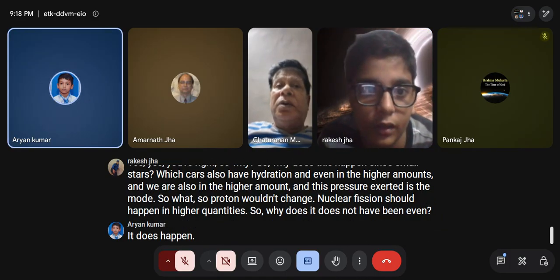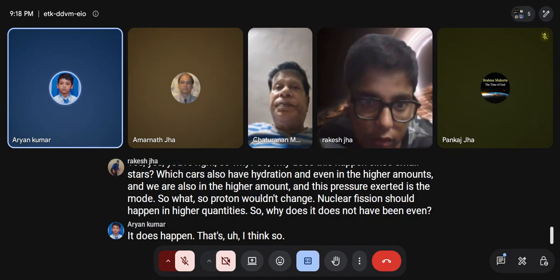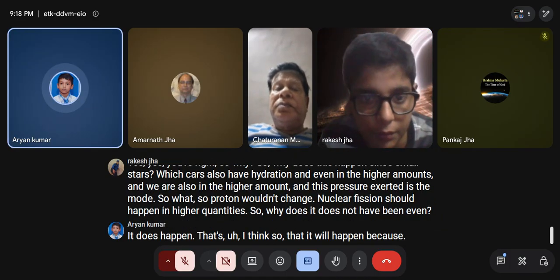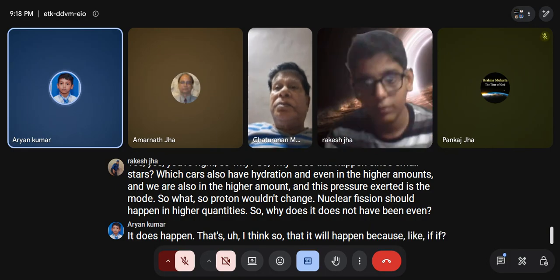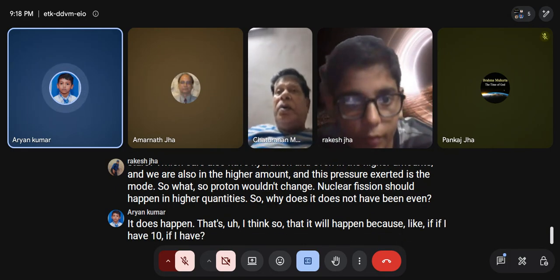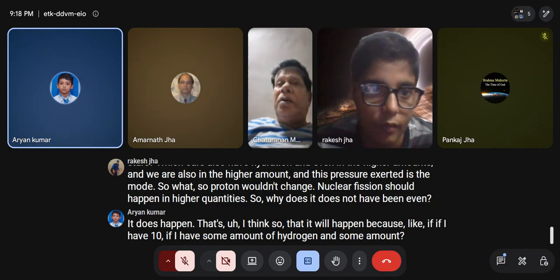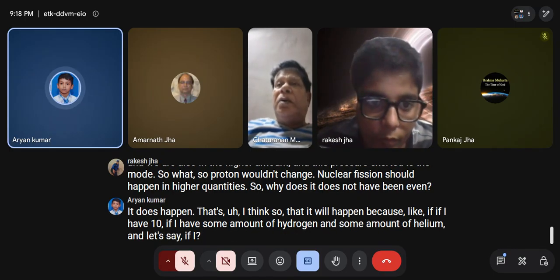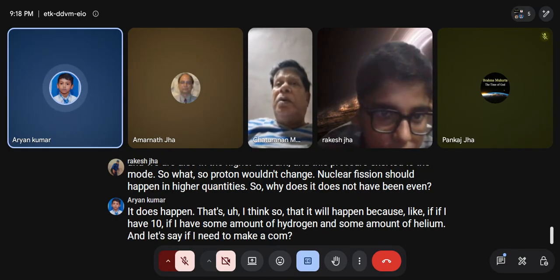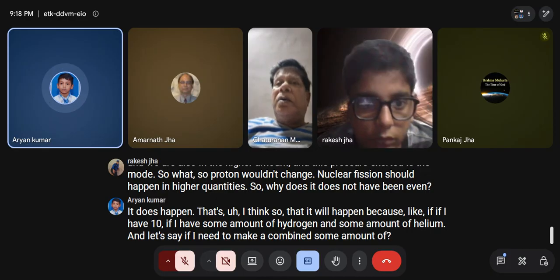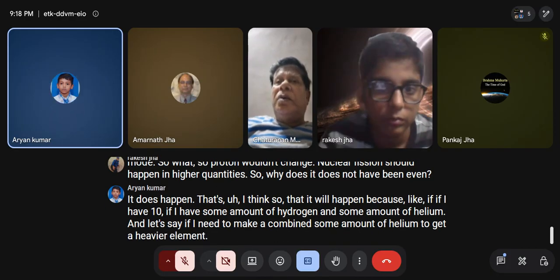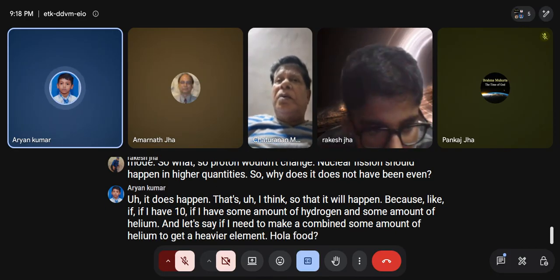It does happen. Because if I have some amount of hydrogen and some amount of helium, and let's say I need to combine some amount of helium to get a heavier element, what would I do?